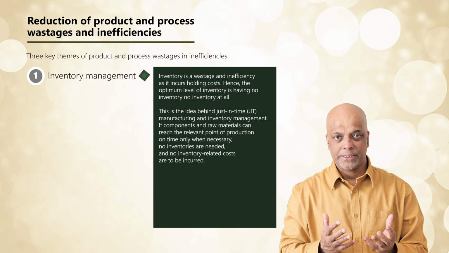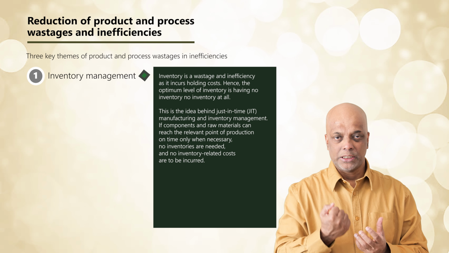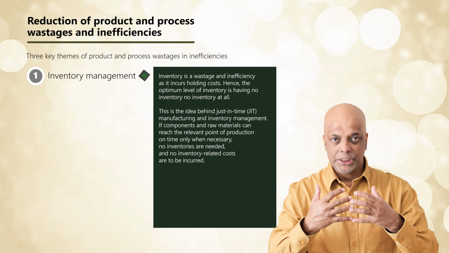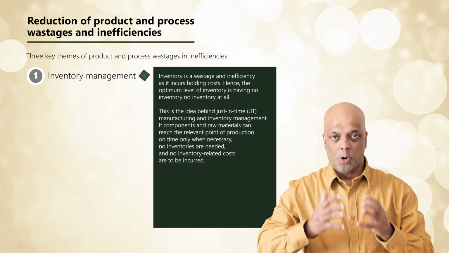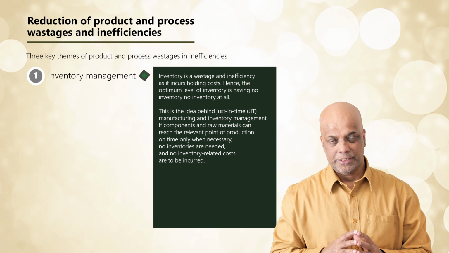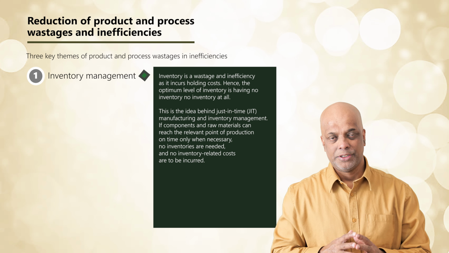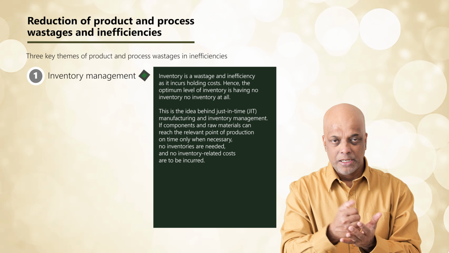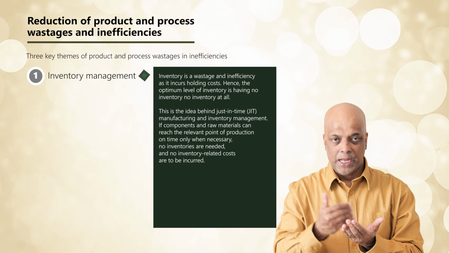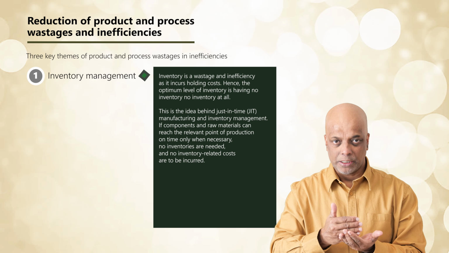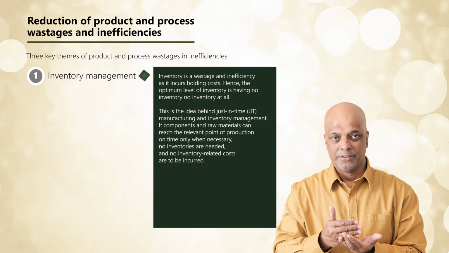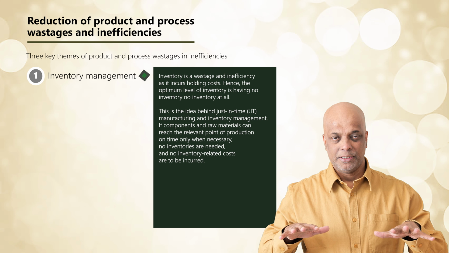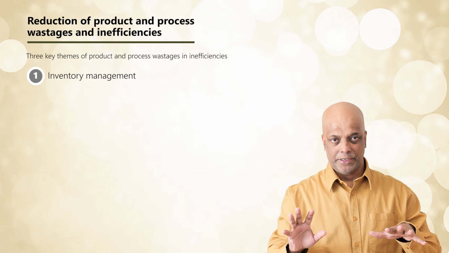In that case, goods and services, or the components, raw materials and so on, reach the point of production only when it is necessary. So only when a certain component is necessary for production will it be ordered and reach that particular point. So that is just-in-time manufacturing. So no inventory is held.